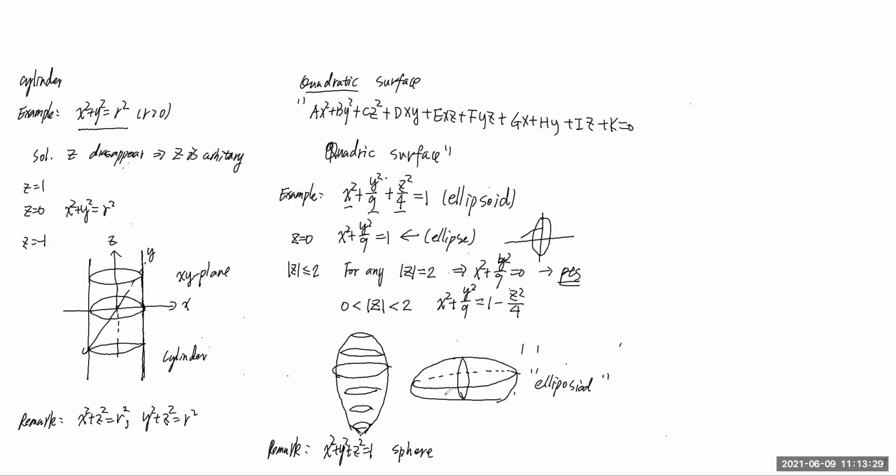You can say the sphere is a special case of the ellipsoid. In general, an ellipsoid is like this. Okay, so this is about the first example.